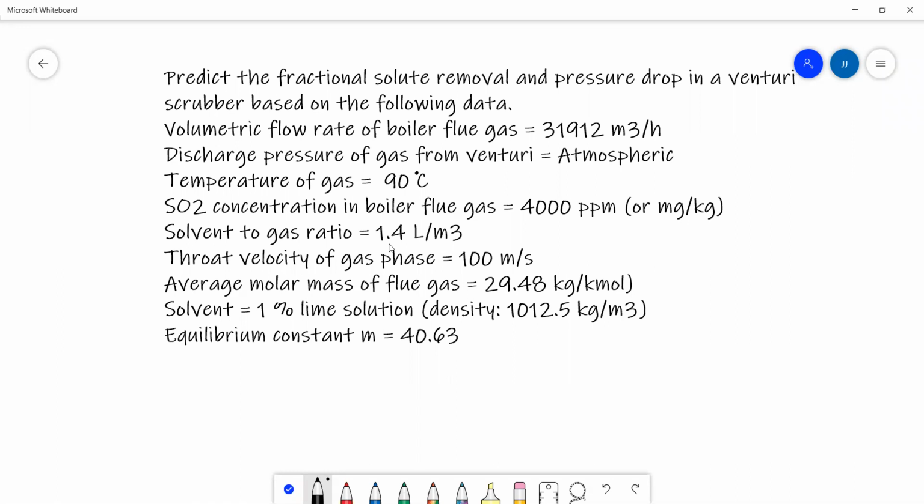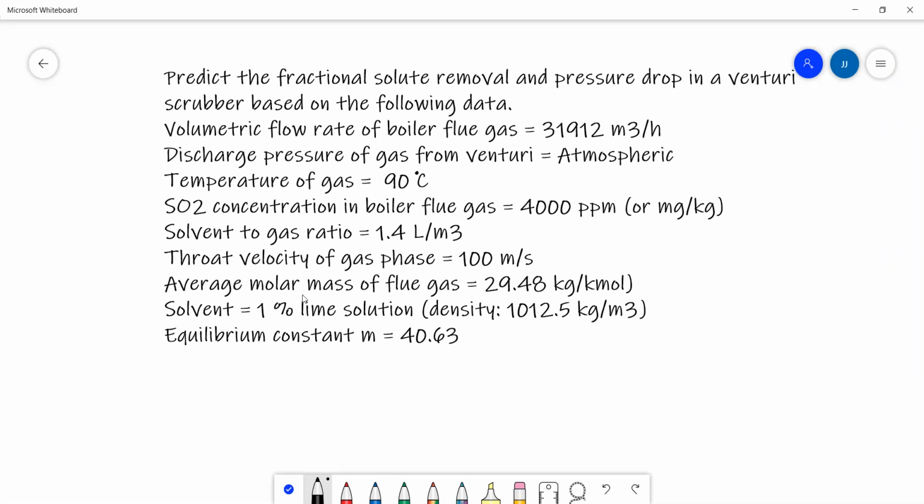Solvent flow rate is 1.4, whether it is in second or hour, whatever. Now throat velocity of gas phase is equal to 100 meter per second. Average molar mass of flue gases is equal to 29.48 kg per kilomole.